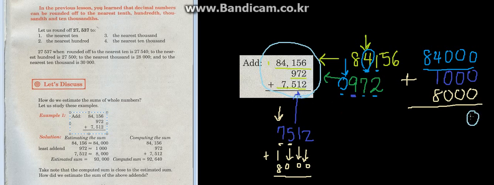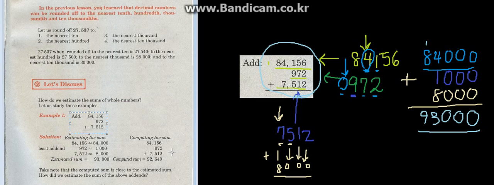So you just add 0 plus 0 plus 0, 0; 0 plus 0 plus 0, 0; again 0; and then 4 plus 1, 5, and 5 plus 8 is 13, right? There goes 1, and 1 plus 8, 9. So the estimated sum for these three numbers will be 93,000.